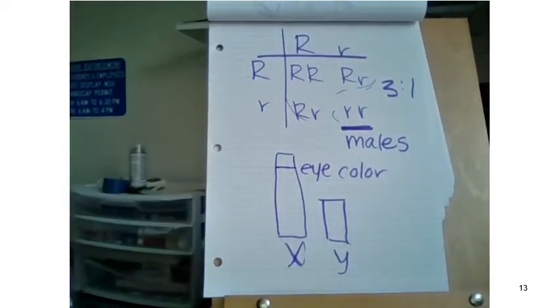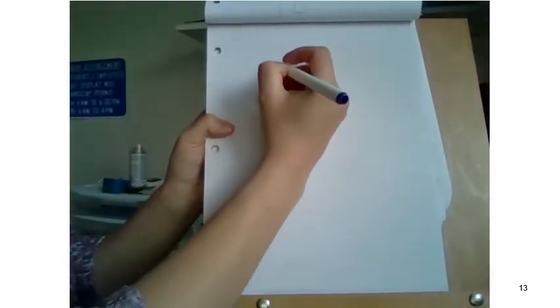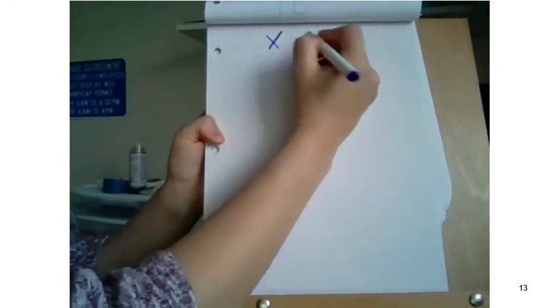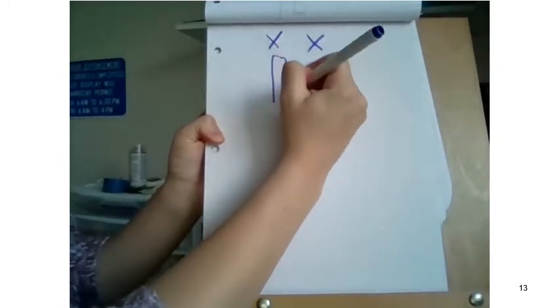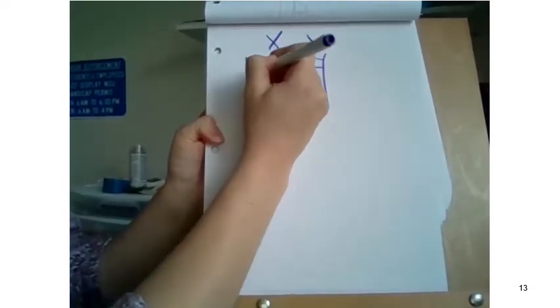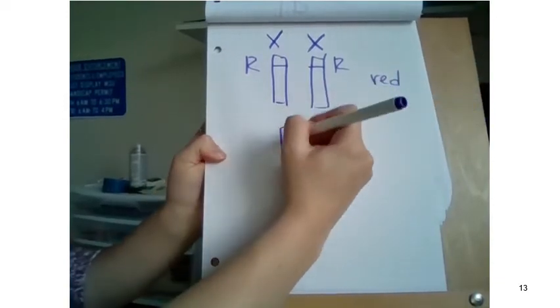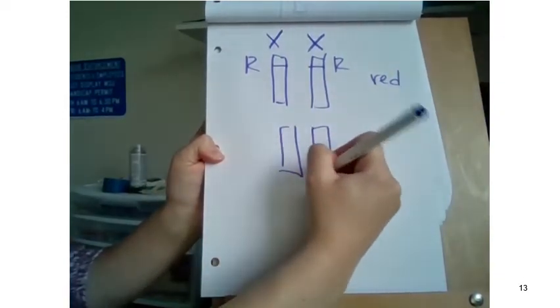So let's see what happens. What are the possible combinations that we can get? In females, we have X, X, and they could have both dominant alleles and have red eyes.